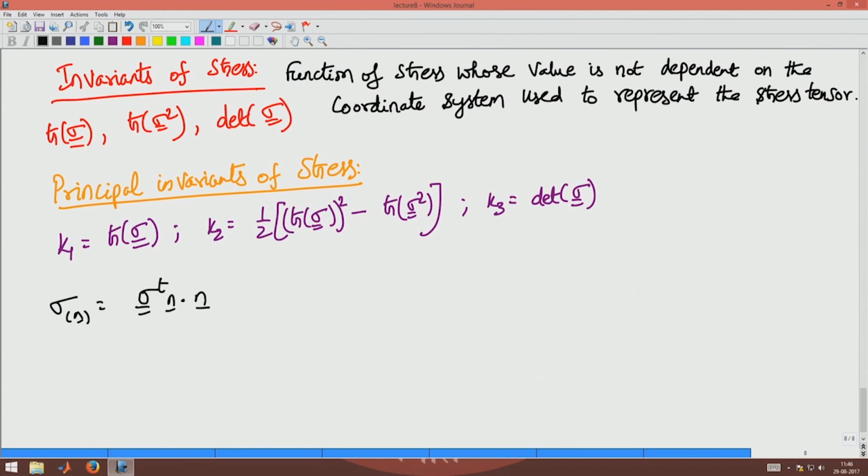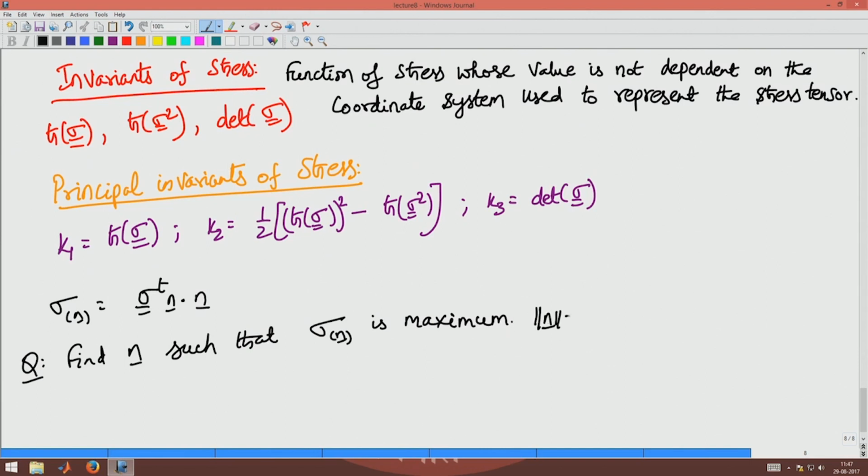I want to find n. The question is, find n such that sigma of n is maximum. You know that n should be a unit vector, so you want the norm of n to be 1.